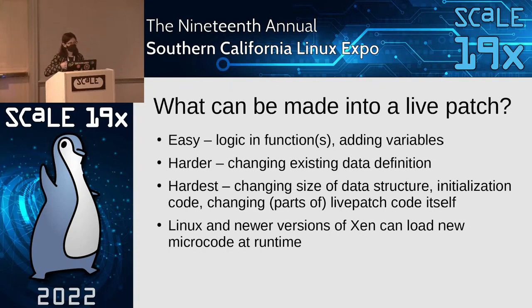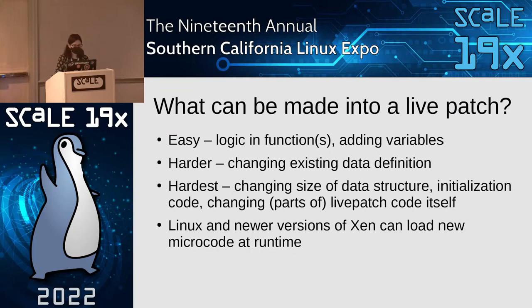You can also add variables, so add a global or a static variable. Harder would be changing an existing data definition. So perhaps if you have a bit field and you want to add bits to that bit field, but you aren't changing the size of anything, this should, in theory, be possible with some help that I will get into in a bit.